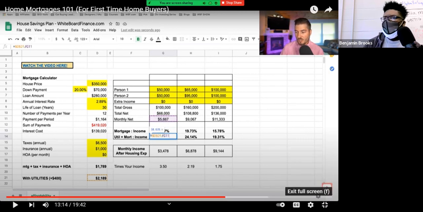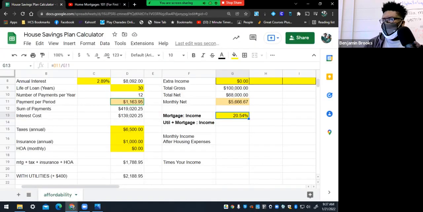Oh, I see what he did. All right, so let's fix this. Instead of using just the payment per period, he's actually using the PITI, which is this down here. So instead of D11, let's make that D19. Because this is how much you're actually paying on your mortgage, right?